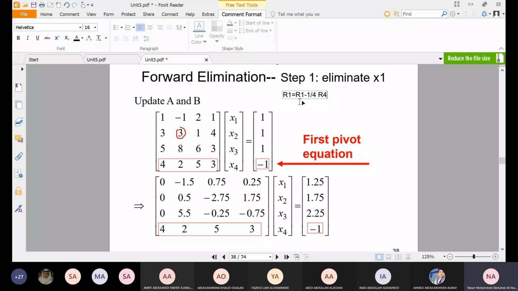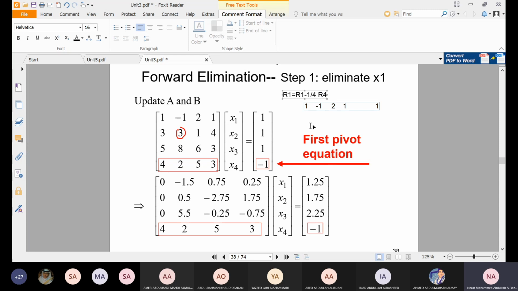As a result, if I have row number 1, the original one, this is 1, we have minus 1, 2 and 1, and this should equal 1. Not forget this one. So if I multiply, this is minus 1 over 4 multiplied by R4. That means I multiply 0 to 5.